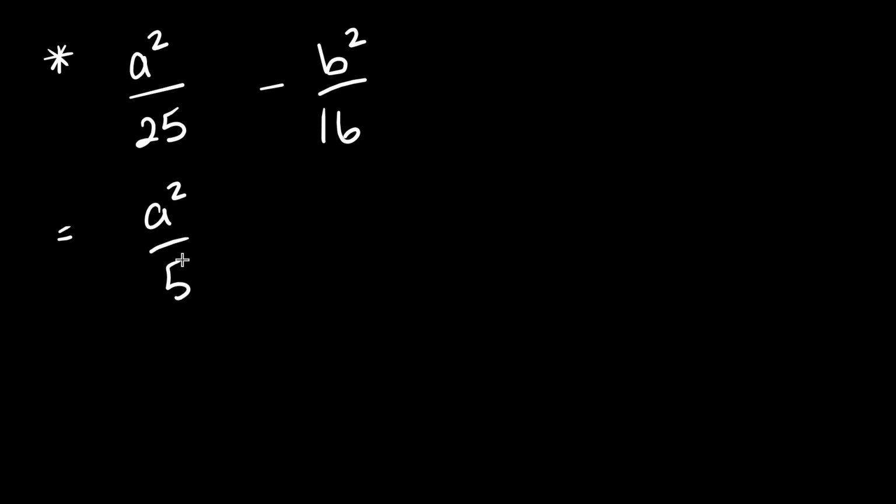So let's go: a squared over 25 minus b squared over 16. Now we can identify the squares. a squared over 5 squared minus b squared over 4 squared.